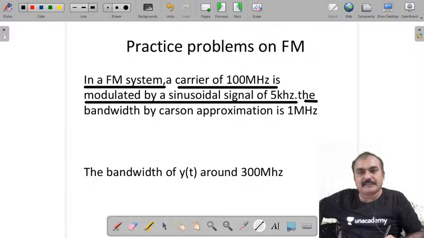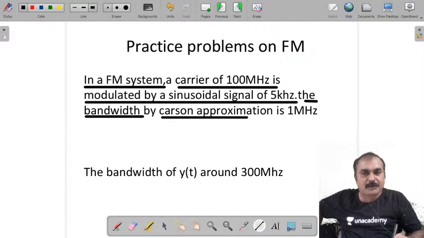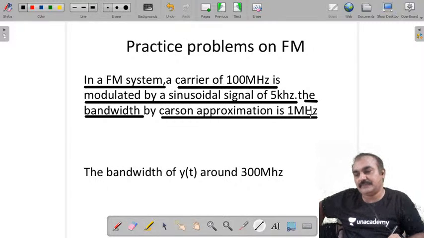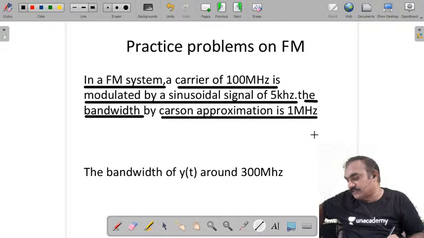The bandwidth by Carson's approximation is 1 megahertz, my dear students.